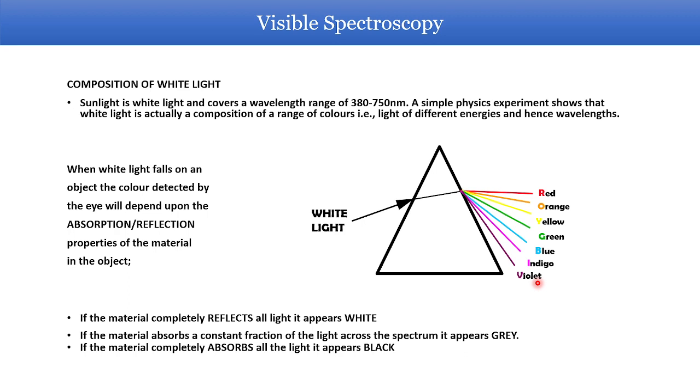If the material absorbs a constant fraction of light across the spectrum, it appears gray. So the two extremes are white and black. If it reflects all the light, it is white. If it absorbs all the light, it is black. And if a constant fraction of light is absorbed, then it appears to us as gray.